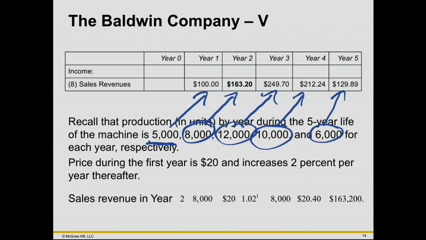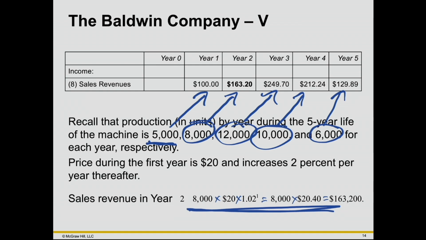Oh, I should note down here they show you the math behind that. 8,000 times 20 times 1.02 equals 163.2.